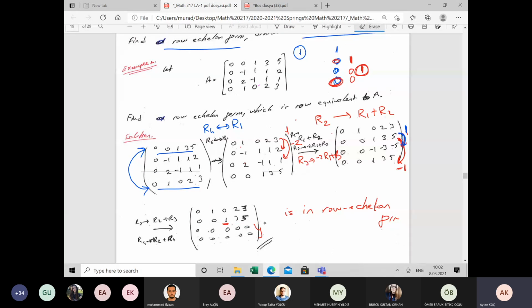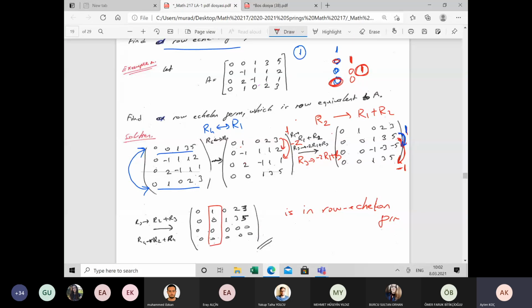Yes, let's check that. This one is the unique non-zero entry. Yes. This leading one is the unique. And so we have only two leading ones. There is no other leading one. So yes, it satisfies the third condition.